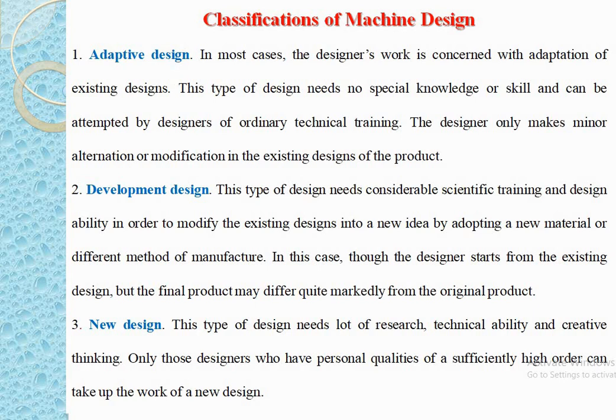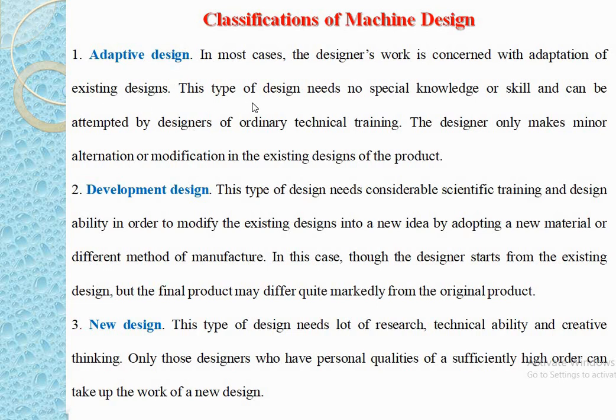In most cases, the design work is concerned with the adaptation of existing designs. Already some components are designed, already that machine part or mechanical system is designed, but due to some limitations of that element or its basic information, the designer is going to make some changes or alterations in the existing one.